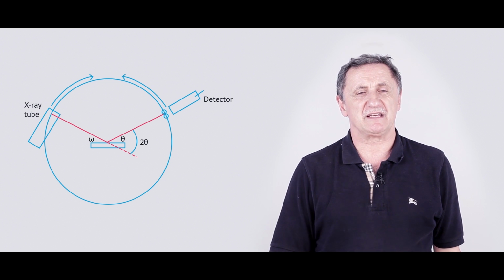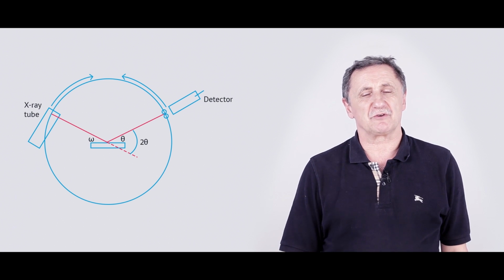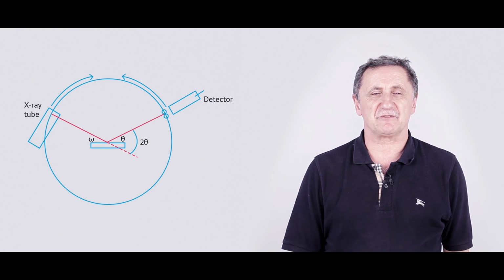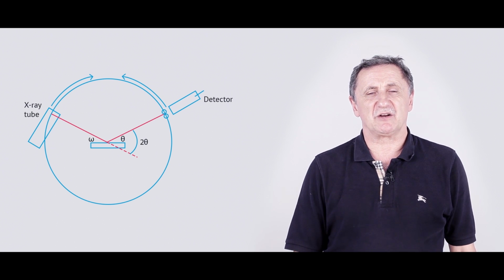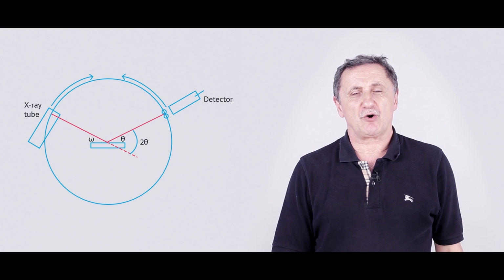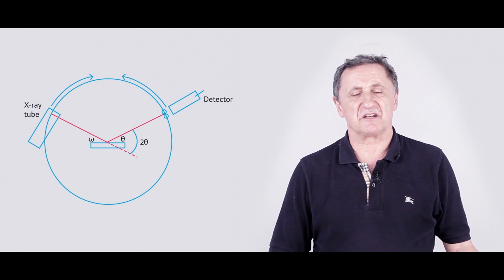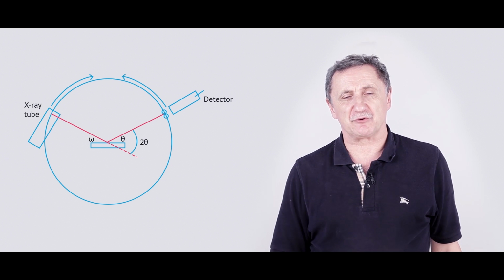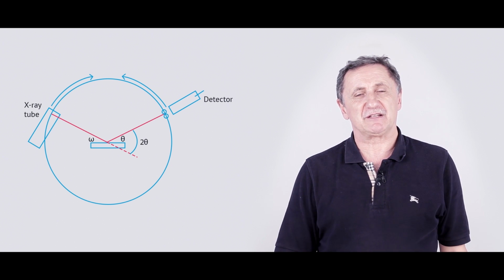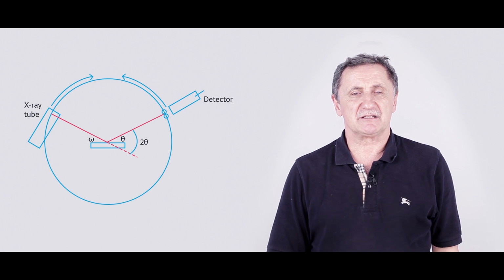The penetration of the X-rays inside the sample is on the order of 50 to 100 microns. It depends, of course, on the composition. So it means that if, for example, you are analyzing with the help of XRD extremely thin coatings, let's say micron size coating or less, on some substrate, for sure you will also see the substrate. You have to take this into account.